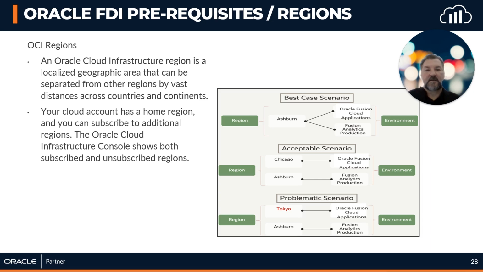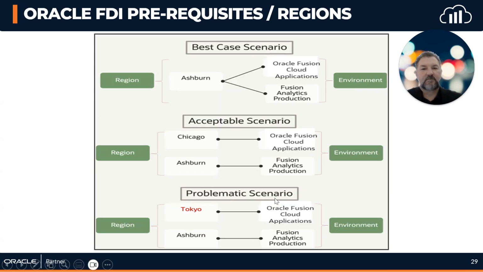An acceptable scenario is where one is co-located within the same continent, or some proximity that's not global. A problematic scenario would be to have an application instance in Tokyo and then an FDI instance in Chicago. Best case scenario, acceptable scenarios, and problematic scenarios.